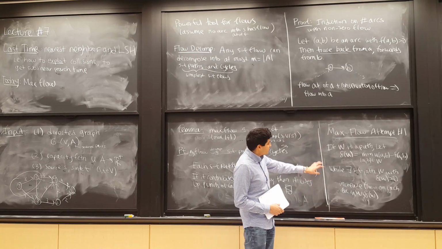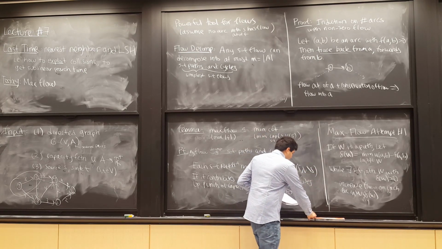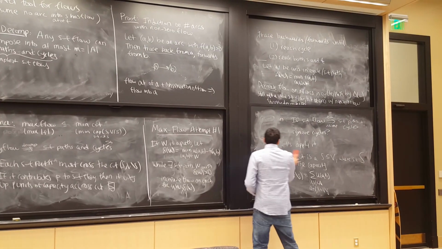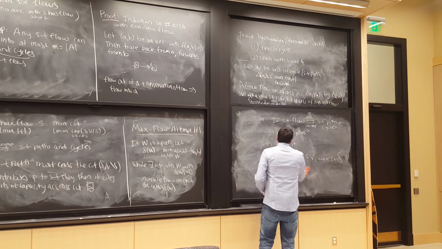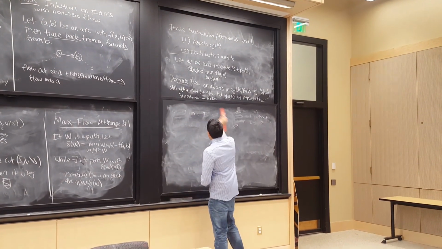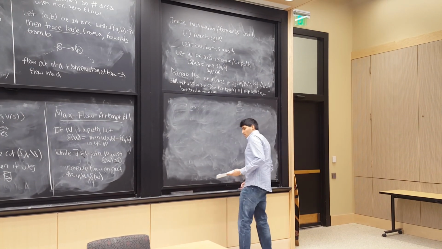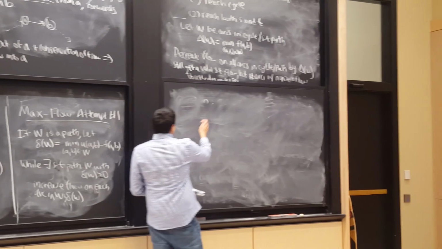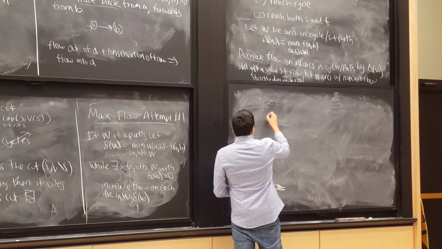But this is something which even this attempt really does get you stuck in a corner for a reason that's pretty intuitive. So let me give you a simple example of what can go wrong, and then we'll fix it, and then I'll introduce the notion of a residual graph. So the big issue here is that we could easily have some simple examples that look like the following.